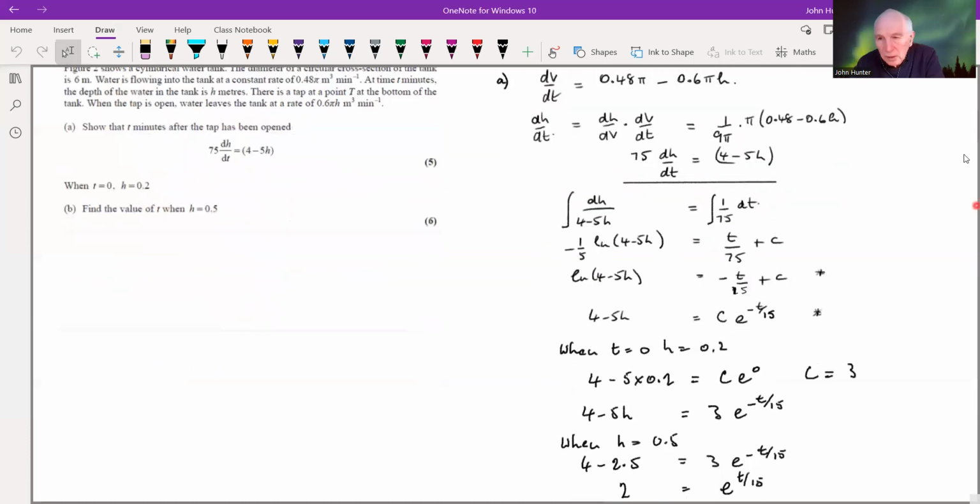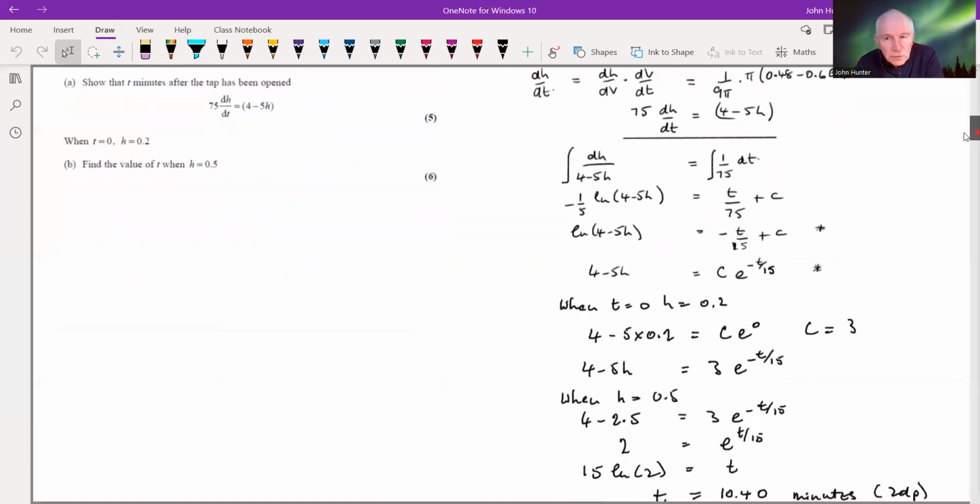So if we can scroll that down, let's have a look at this. What we're going to do is take our general solution and apply our boundary conditions by plugging in t equals 0 and h equals 0.2. That's going to give us all this. Obviously, e to the power of 0 over 15 is e to the 0, which is 1.